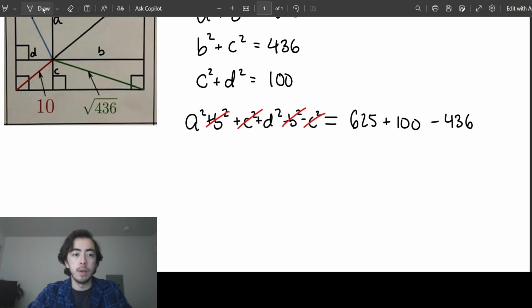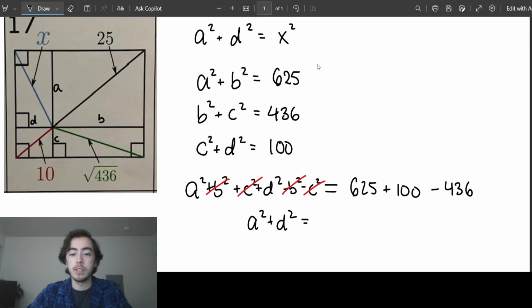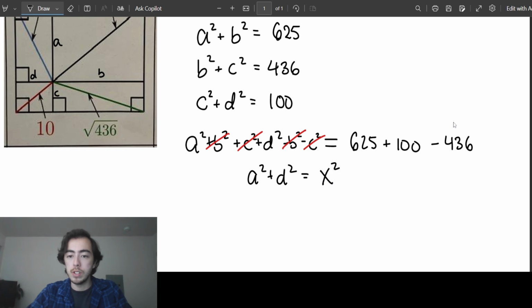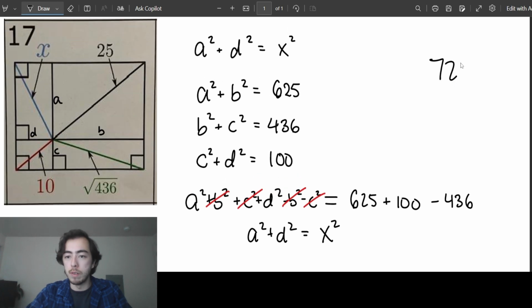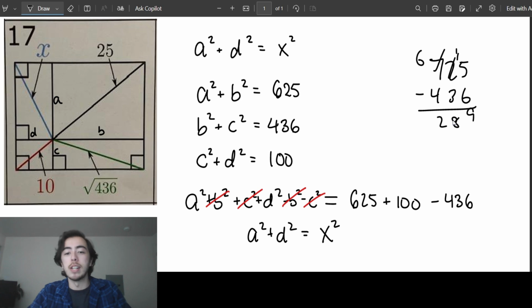And then so now I get a squared plus d squared, which from earlier we know is equal to x squared, is just equal to this subtraction over here. So maybe let me do 725 minus 436, do some borrowing, again, 289. Cool.